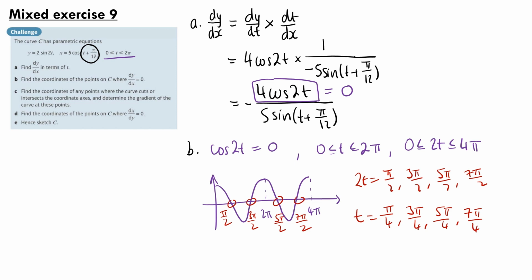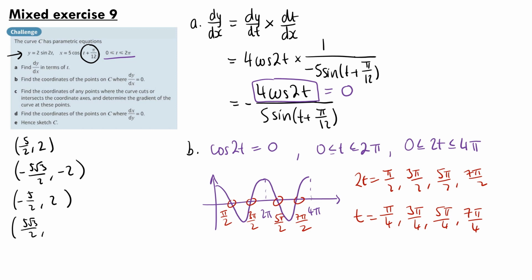And all we need to do now is plug these values of t back into the original parametric equations to find the x and y coordinates. But I'll save you the bother here. We're going to have the 4 points corresponding to these values of t being (5/2, 2), (-5√3/2, -2), (-5/2, 2), then (5√3/2, -2).